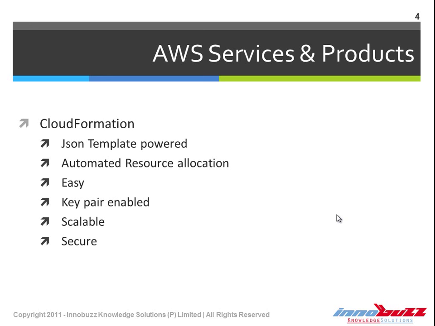The services which we require inside our CloudFormation need to be mentioned in the JSON script. And the resources are allocated automatically based on the JSON script which we give to the CloudFormation.